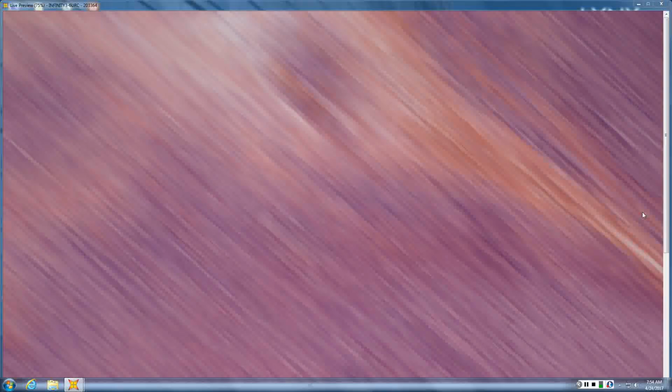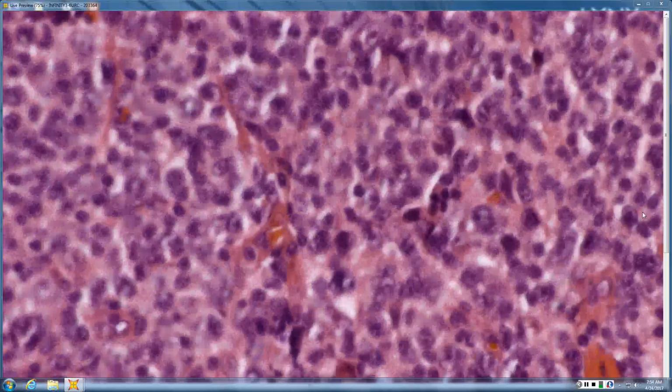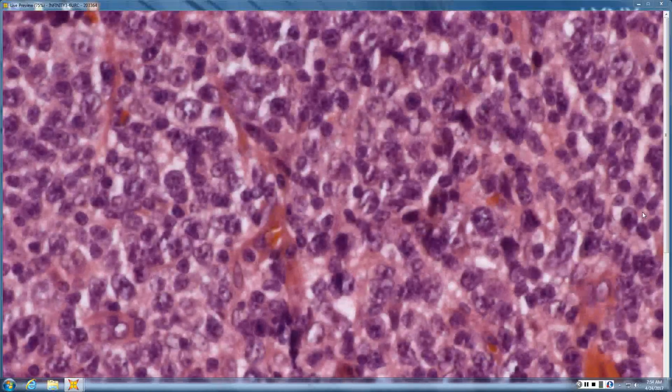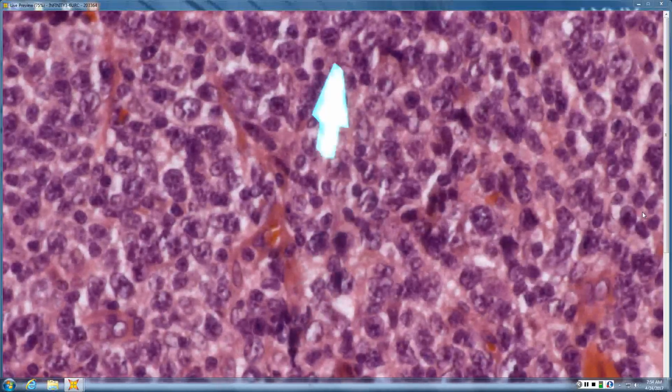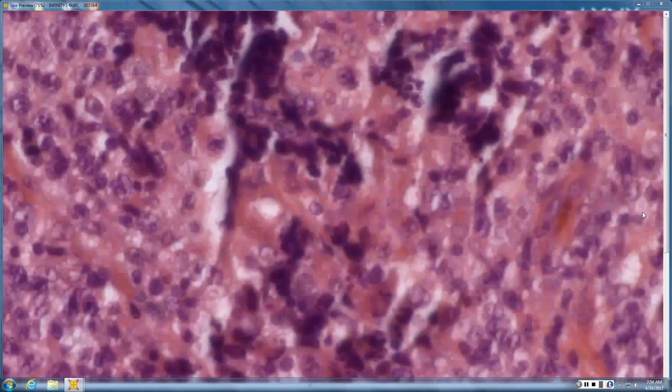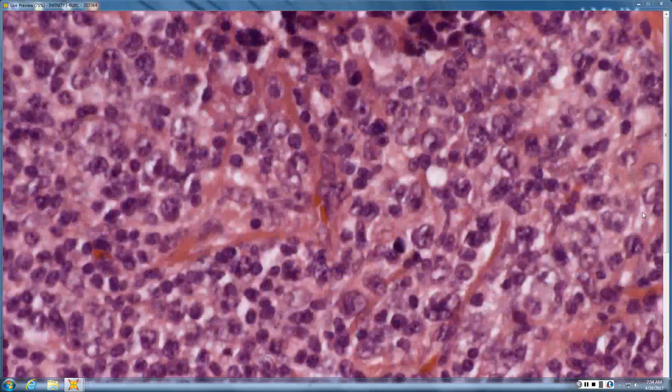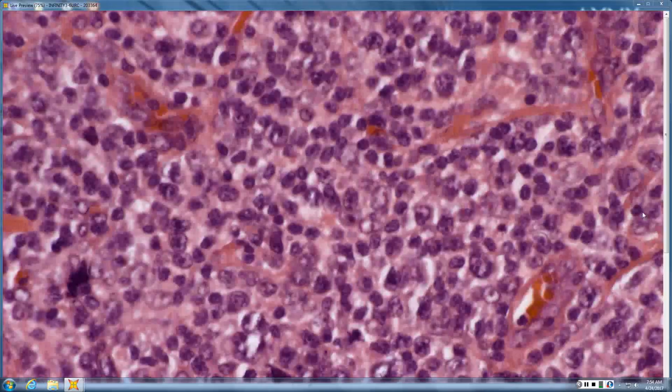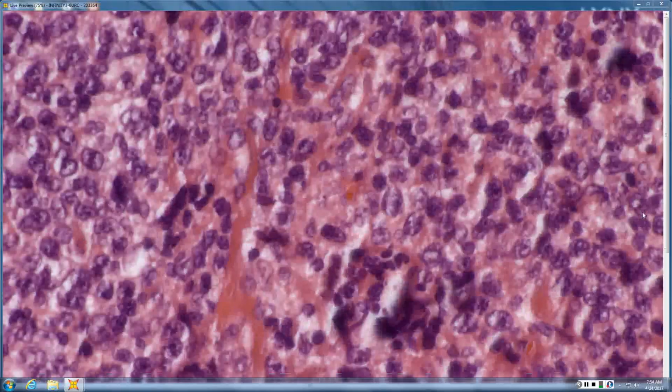So you see sheets of cells, and then we have to look at the cells a little higher. You definitely have blasts that are round. As you look around, you're looking to see, do you have cleaved nuclei as well?